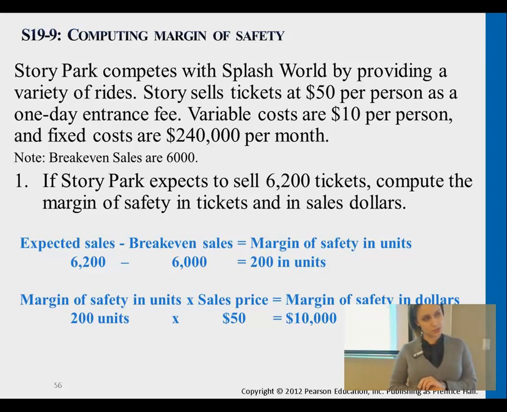We just calculated them before with that huge formula. So all you're going to do is take expected sales minus break-even sales. You'll get margin of safety in units. And then you'll take that margin of safety in units and multiply it by the sales price.